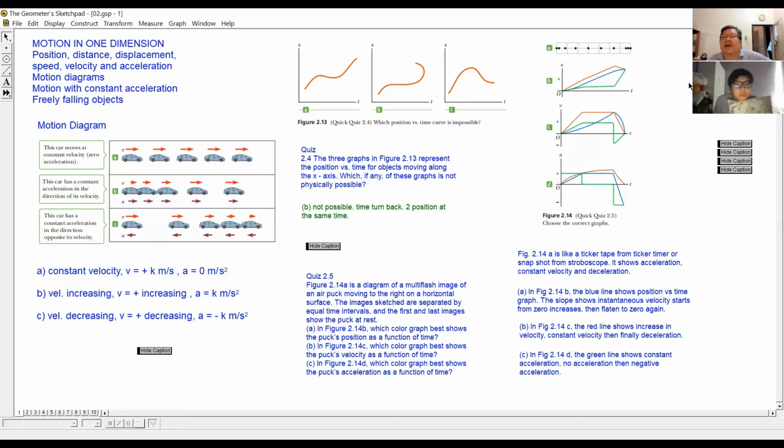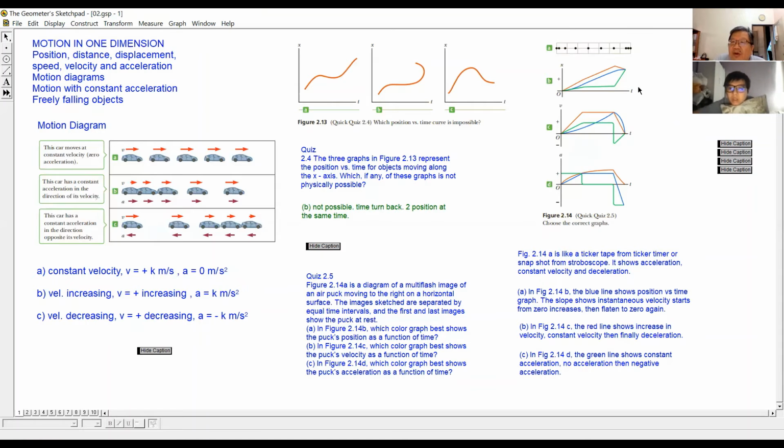So now you know that it is increasing velocity, constant velocity, then decreasing velocity. With this knowledge of the motion of the object, can you imagine how the position-time graph, velocity-time graph, and acceleration-time graph look like? The first one is position versus time.